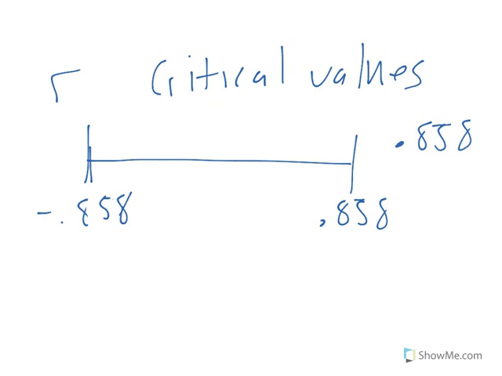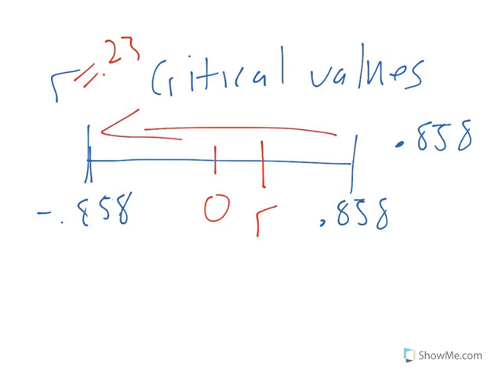And then if my R value, say, is 0.23, well, remember, here is 0, so 0.23 would be somewhere about here. So my R is between these two values, so therefore, no correlation.